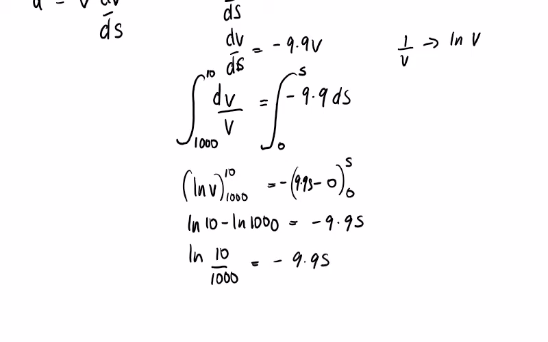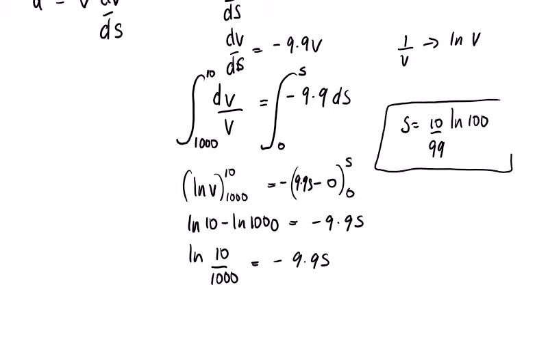We're looking for s, aren't we? Let me just write down, we're asked to show that it's equal to 10 over 99 by the natural log of 100. So you can see where these numbers are going to come from. That's what we're asked to show s is equal to.